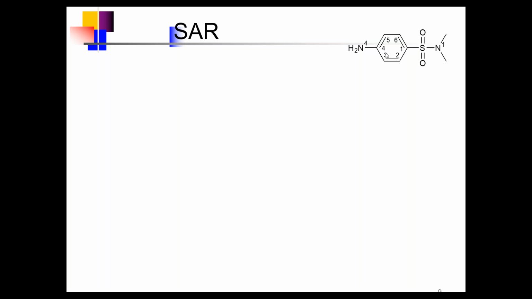If you replace this SO2NH group with CONH, there is going to be a decrease in activity. Similarly, if this second nitrogen, present in the amine group at the 4th position, is replaced with NHCOCH3, that means you are converting the amine to an amide, then the activity remains the same.